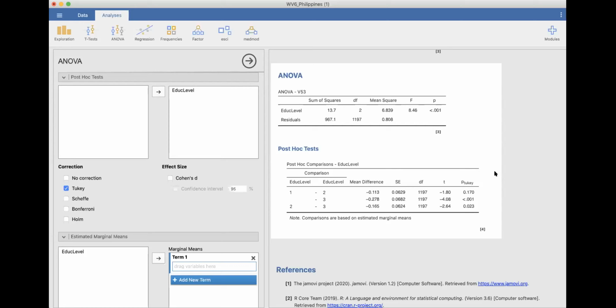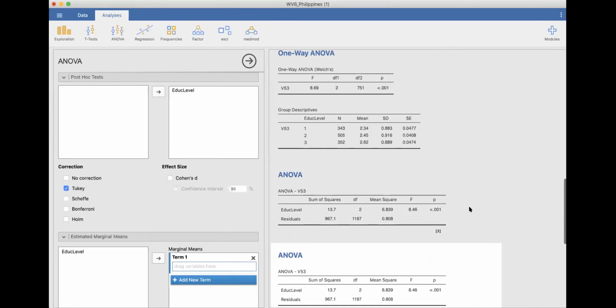Michelle? If you use 95% confidence level po, it's still significant? Correct. It's still significant at 0.05, right? Kasi it's 0.02. So it's still significant at 0.05 and below, right?